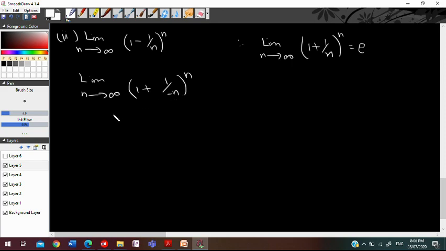And one more thing we have done: if I write this plus n like this, as minus n multiplied by minus 1, minus n multiplied by minus 1 again gives you plus n.